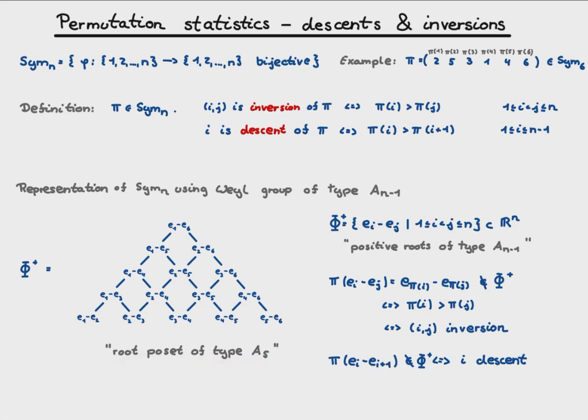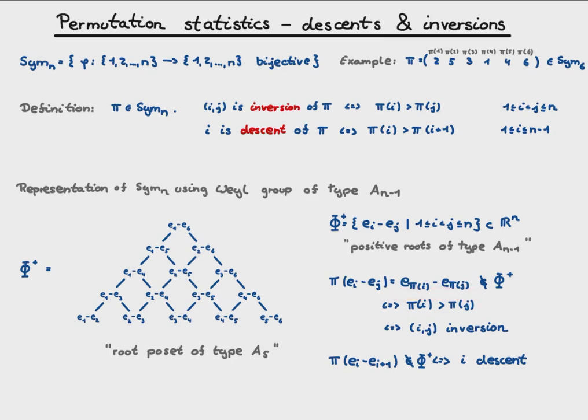Transferring permutations into this context, one notices that a permutation pi acts on an element of Phi plus by permuting the entries of the vectors. That means pi of the element e_i minus e_j is equal to e_{pi(i)} minus e_{pi(j)}.